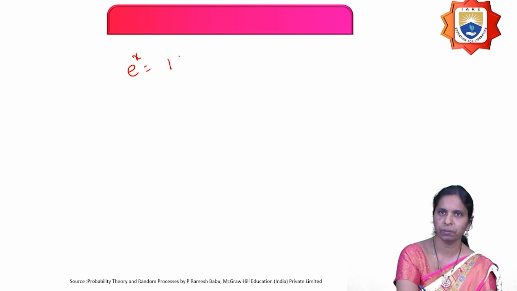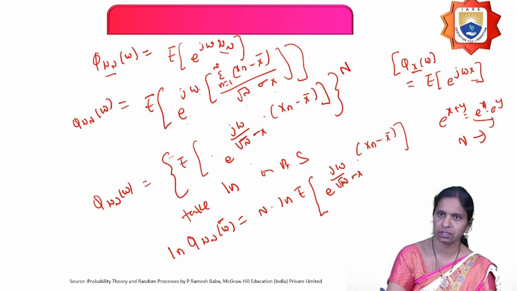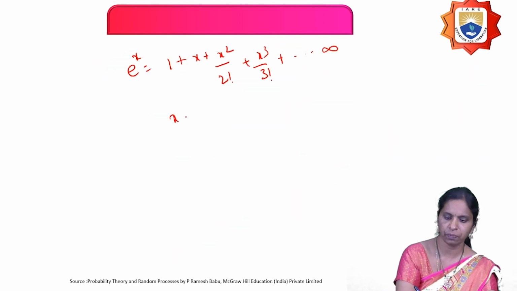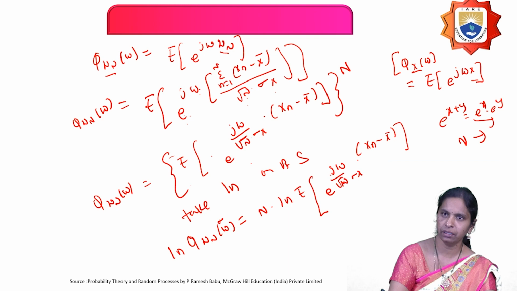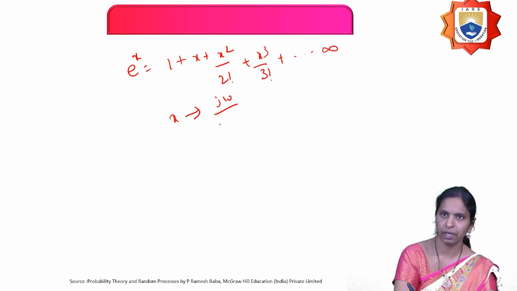It is 1 plus x plus x square by 2 factorial plus x cube by 3 factorial and so on up to infinity. Now in place of x, the term here is j omega by root n into sigma x into xn minus x bar.